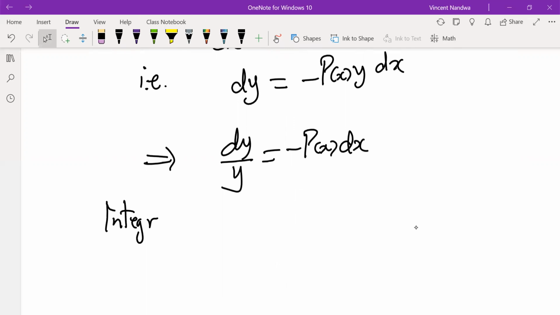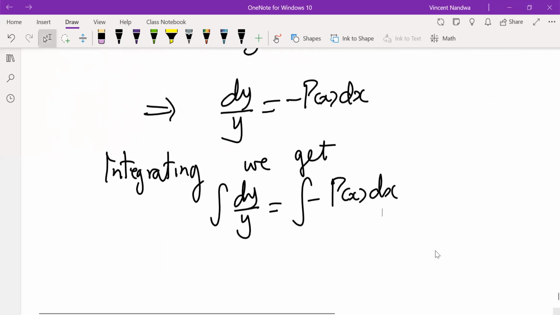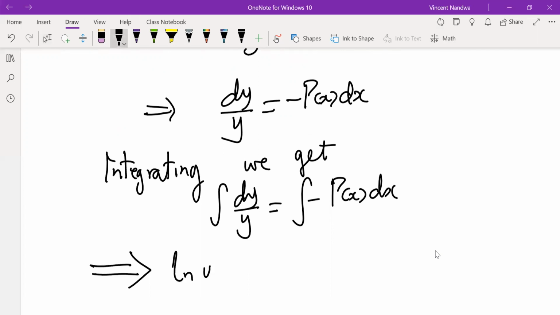Integrating, we get integral of dy over y equals the integral of minus p of x dx, which implies that ln of y is given by negative integral of p of x dx, say, plus a constant c.